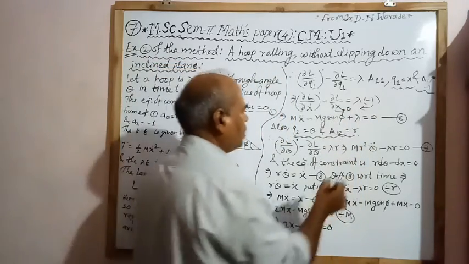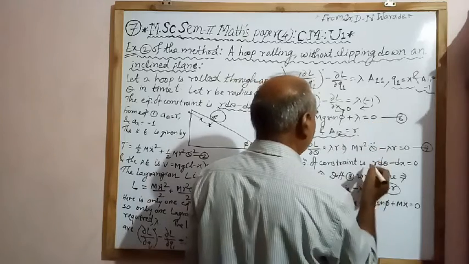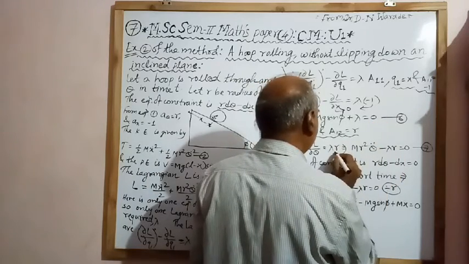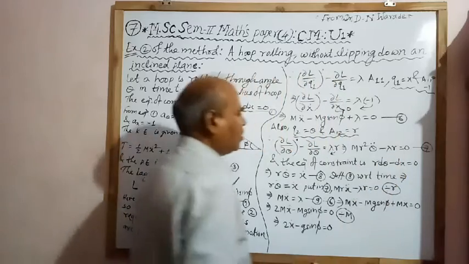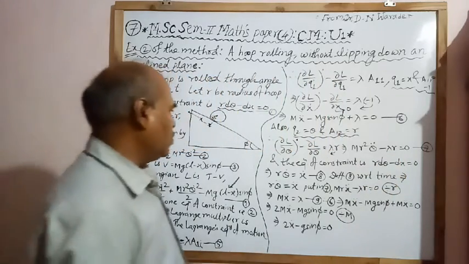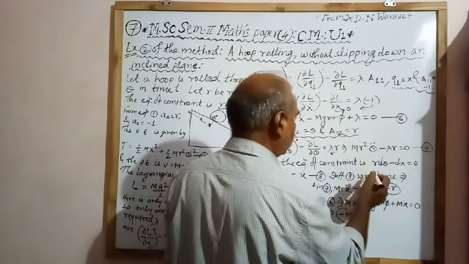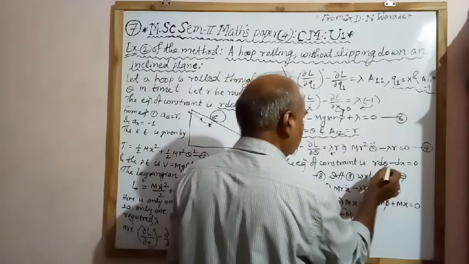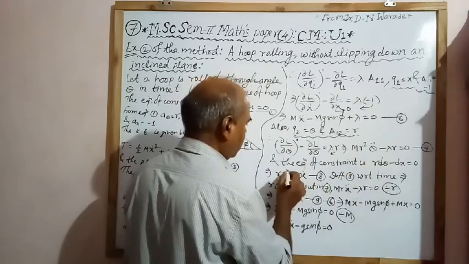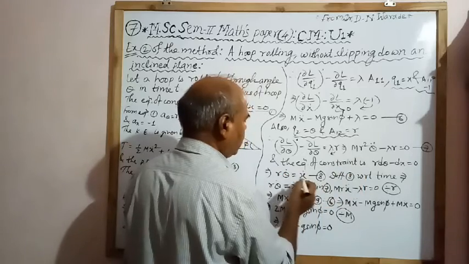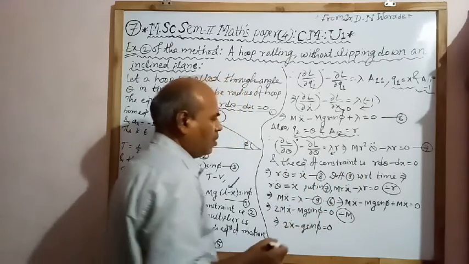Therefore, take the term lambda r to the left hand side. We have m r square theta double dot minus lambda r equal to 0. And the equation of constraint is given by equation 1, r d theta minus dx equal to 0, or we can write theta dot for d theta and x dot for dx.